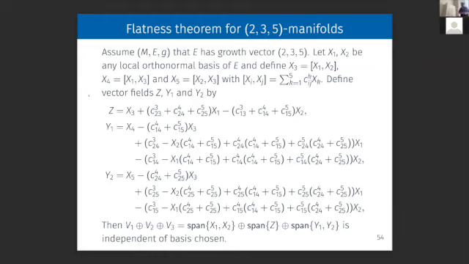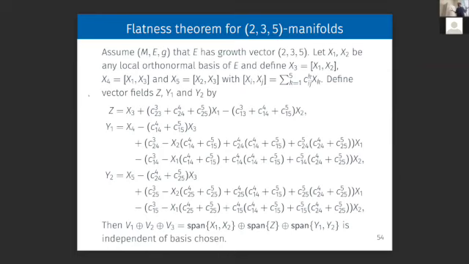So assume that you have a Riemannian manifold. Now I called it E instead of H, I'm sorry for that, but this time my horizontal bundle is called E, and it's two-dimensional. If you take one bracket, you get a third vector field. If you take another bracket, you get two more vector fields, like before.